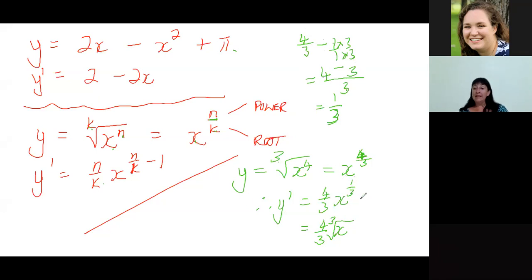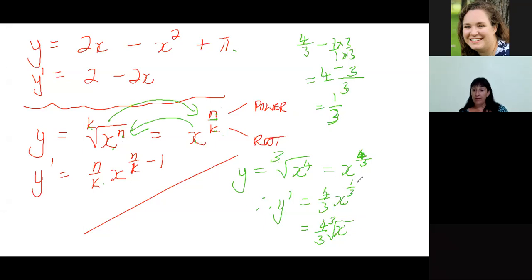And then I stress that you need to rewrite the x to the fractional power back as a root. So instead of going that way, we're now going to go the other way. We're going to go from x to the n over k back. Remember, the power is on top and the root is at the bottom.